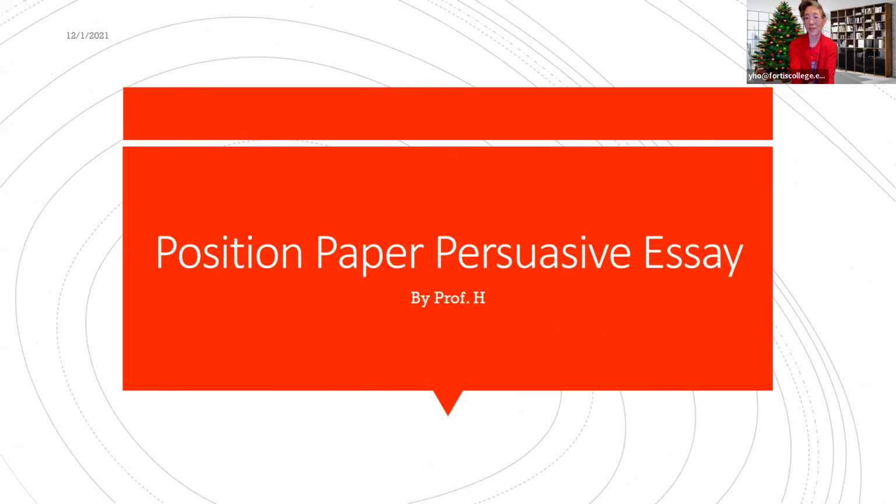In other words, are you for or against the topic? Okay, and then you would say, I am for the topic because, or I am against the topic because. So when you take a position on a paper and you want to convince the reader of your point of view, that's the most elementary kind of persuasive paper known as a position paper.